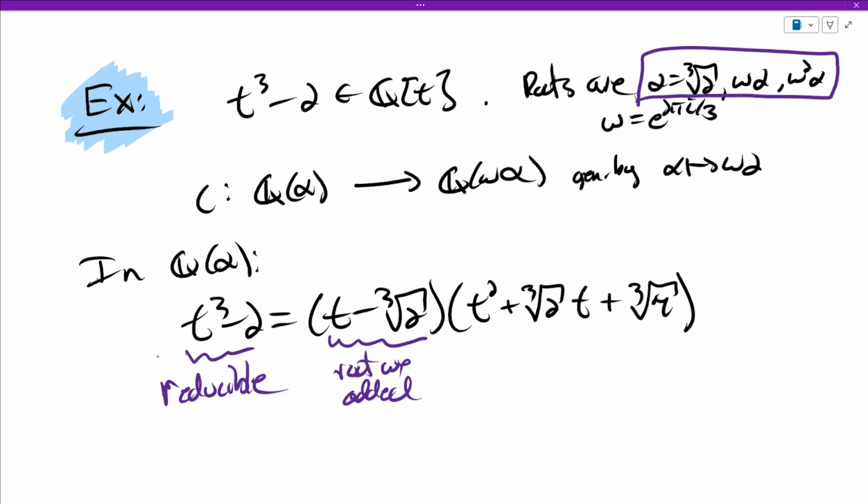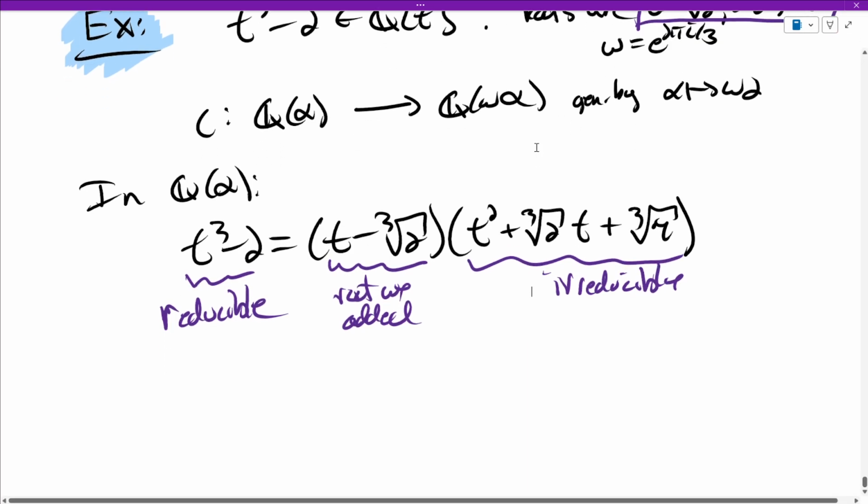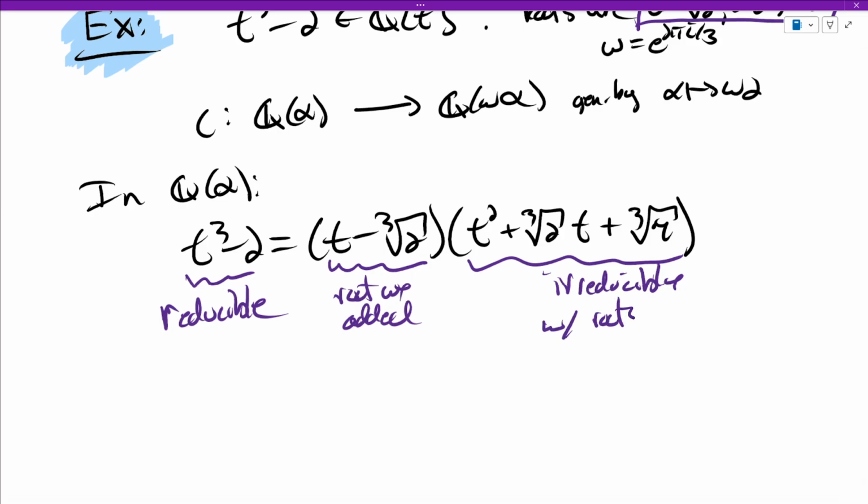So in particular, they're not in this field. So this guy is now an irreducible guy, and it has omega alpha as one of the roots and omega squared alpha as the other root. Those are the roots.